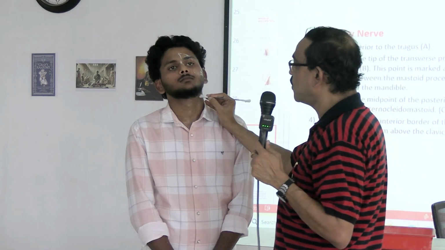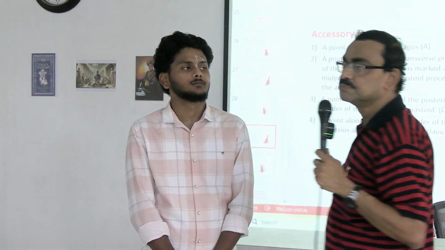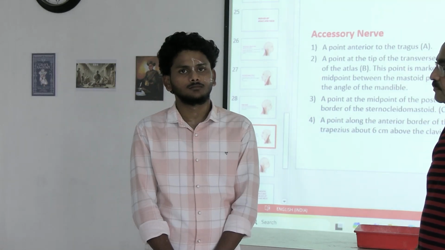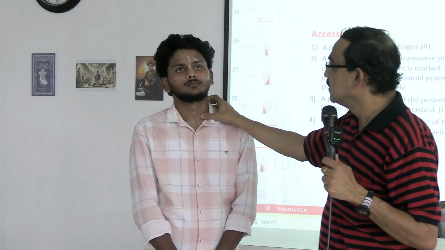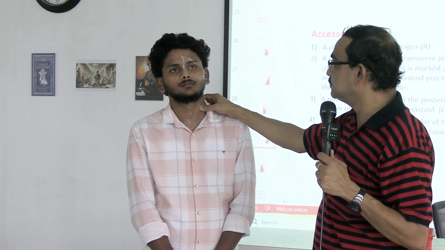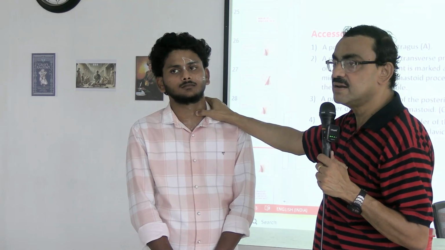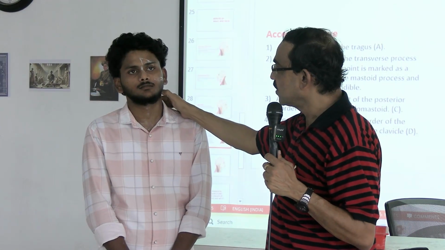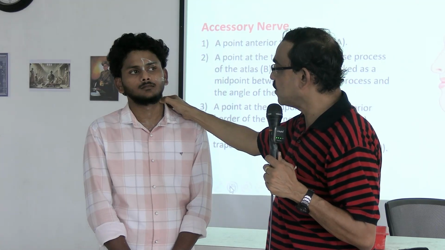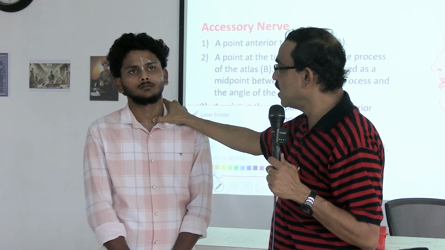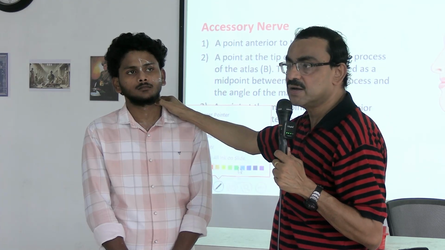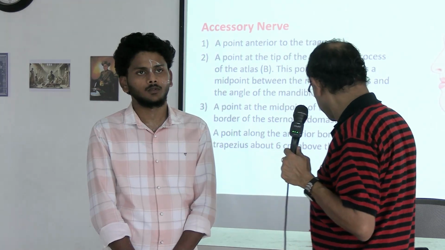There I can put one point. I can feel the sternocleidomastoid muscle. It has got an anterior border. Okay, so in the upper 1/4 and lower 3/4 of the anterior border, we can put another point.